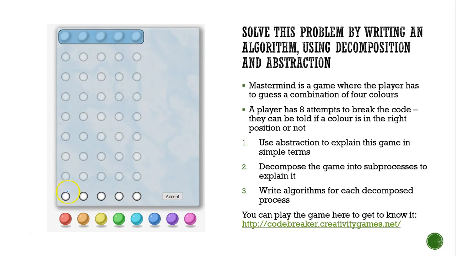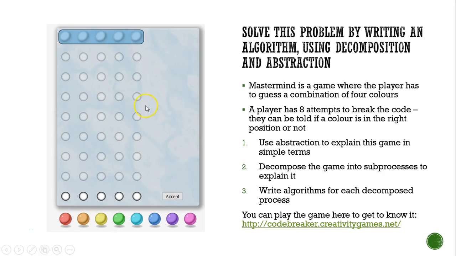So, the game works where the user, if we get the pen out, enters a code. So we've abstracted that down. Sorry about the handwriting, writing with a mouse pad is a little bit difficult.